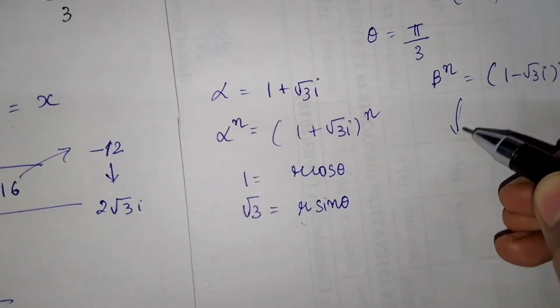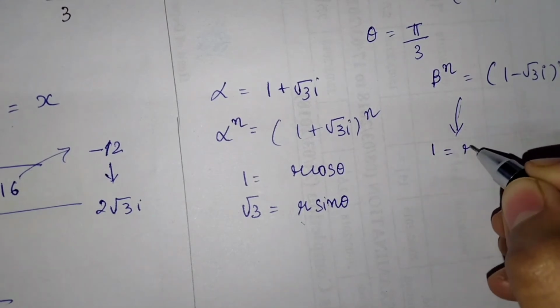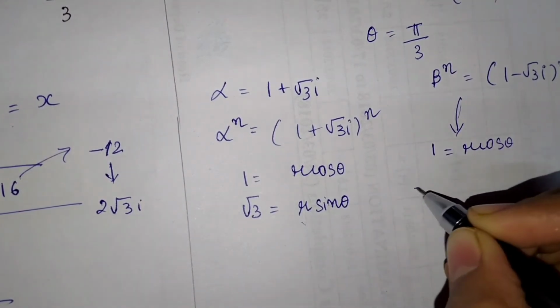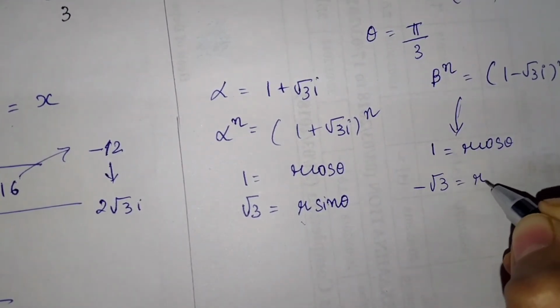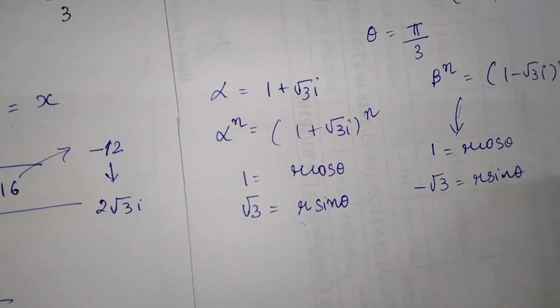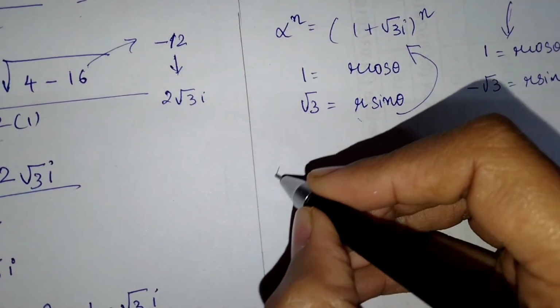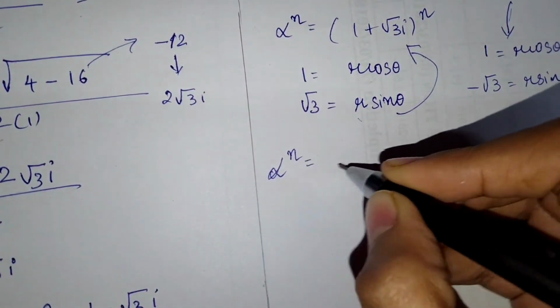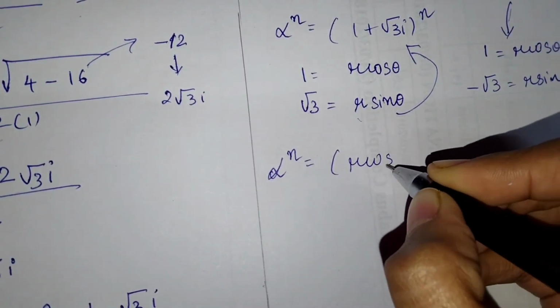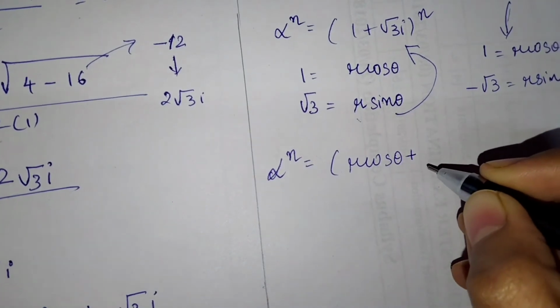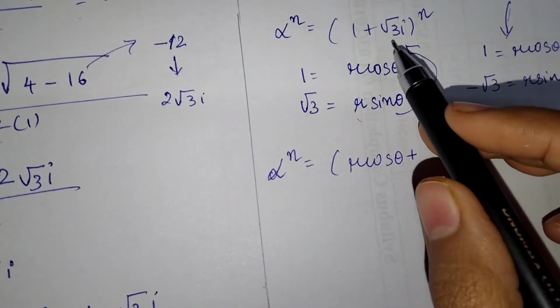Similarly for beta also we will take 1 equal to r cos theta and minus root 3 equal to r sin theta. And now if we substitute this value here, then we will get alpha raised to n equal to r cos theta plus, what is our under root 3i?